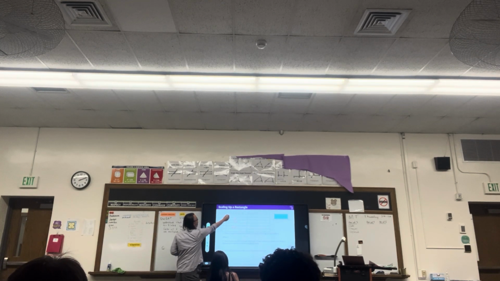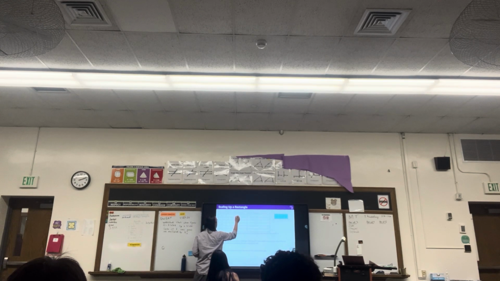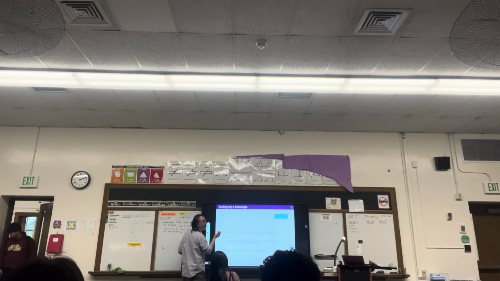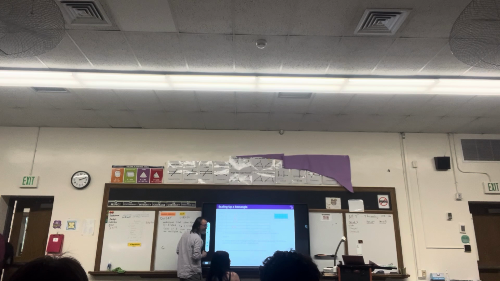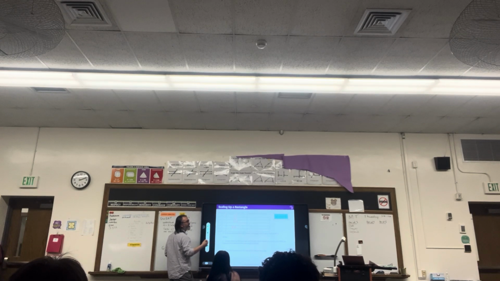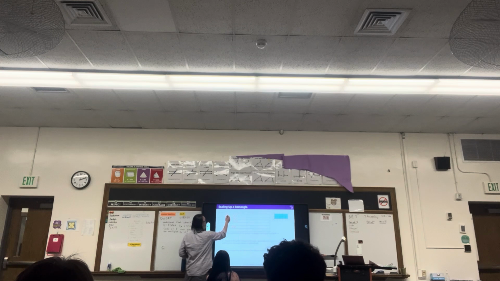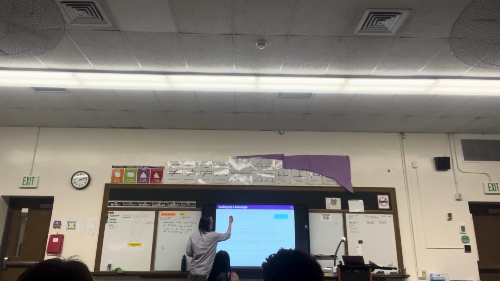What's that? No, this one right here. 2.5. How did you get that, just in case? Can you explain it? So we're gonna multiply our scale factor 0.5 times our length, which was 5.